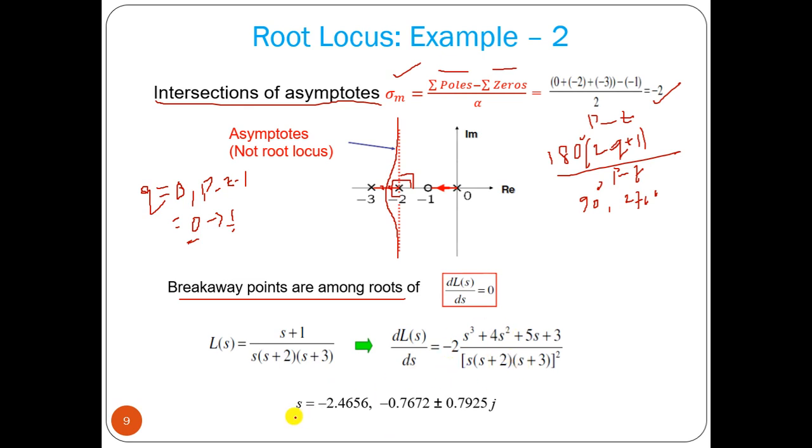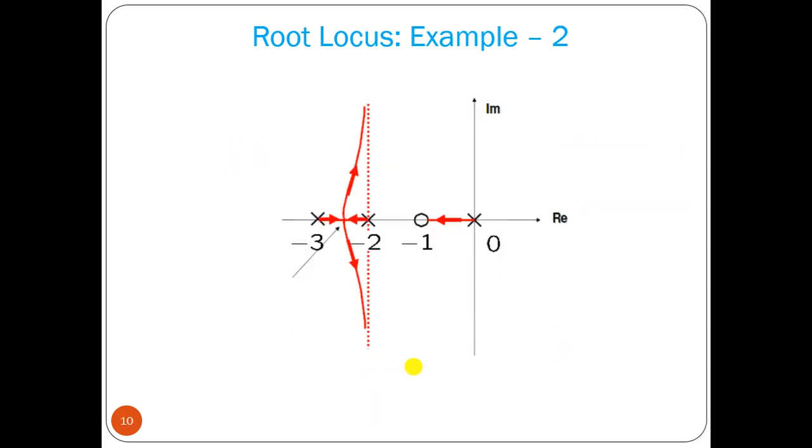From that we can see -2.46, that is the point between these two, and the other is a complex number. Now we can put this value into the dL(s)/ds equation and see whether we are getting a positive value or not. So this is the valid breakaway point, minus 2.46.